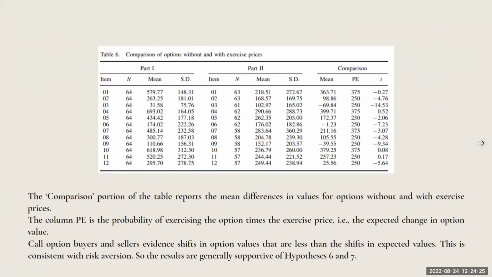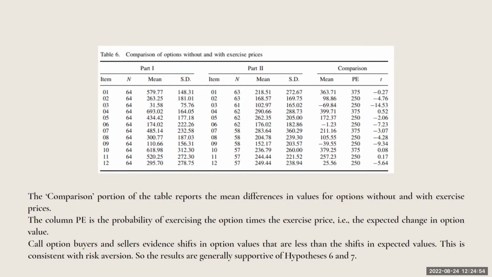The comparison in table 6 reports the mean differences in values for options without and with exercise prices. And the column PE in the comparison portion is the probability of exercising the option times the exercise price, the expected change in option value.